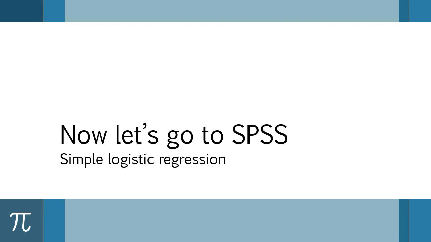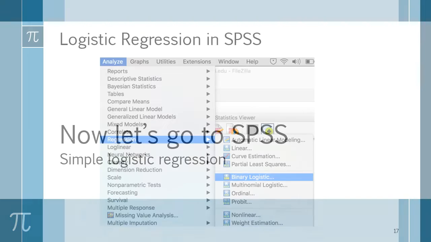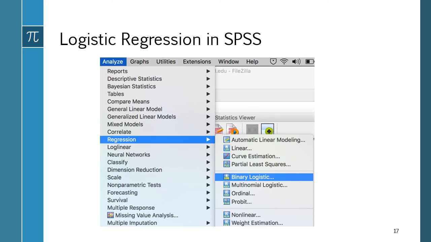Okay, so now we're going to do this step in SPSS and see how the numbers compare. So for logistic regression in SPSS, we do analyze, regression. Last week you learned all about linear regression. Now we're going to go to binary logistic regression. In this case, we're just doing a simple case and we're not worried about all the diagnostics yet.